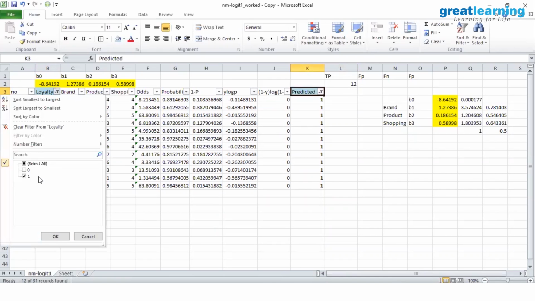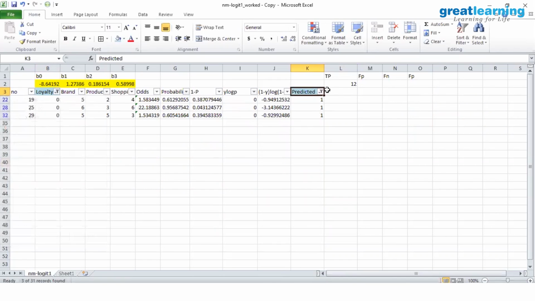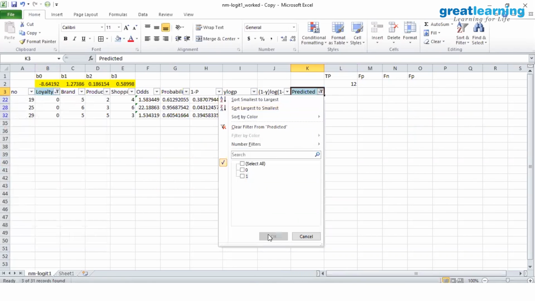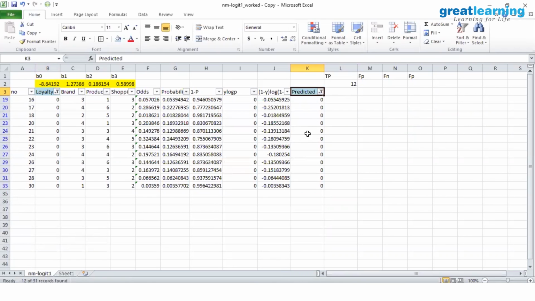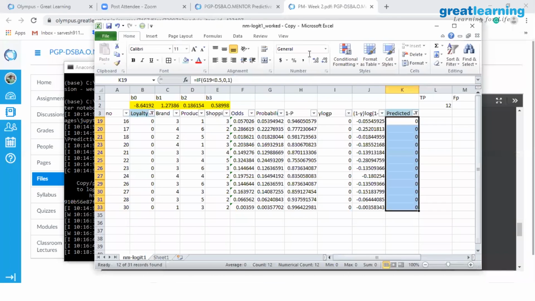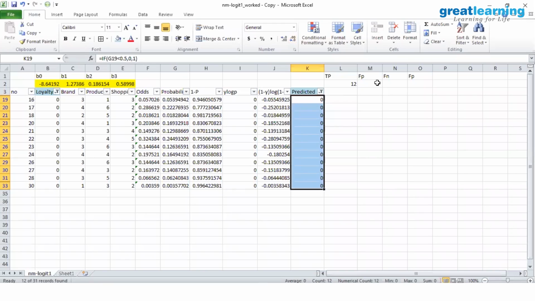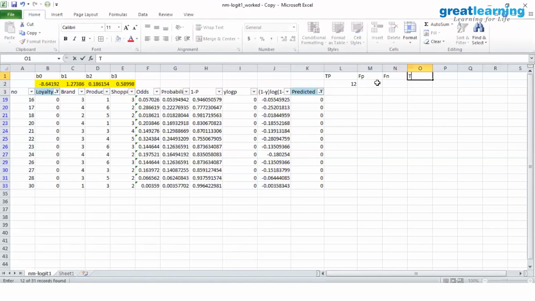Now, truly predicted as negative is nothing but how much value? 12. So TP, truly predicted as positive, and TN, truly predicted as negative.